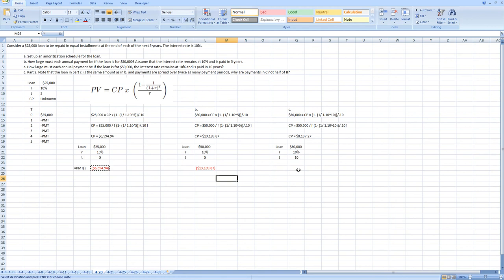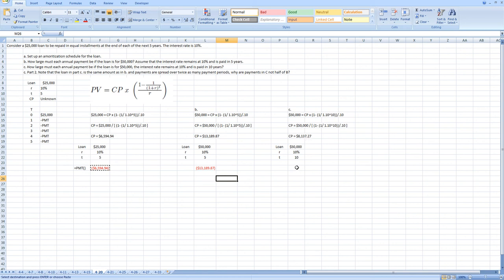In part C, now the time period is doubled. So it's the same as B, but now T, that was equal to 5, is now equal to 10. And this carries into the second part of C. So we solve for this, and we find that the cash payment is $8,137.27.